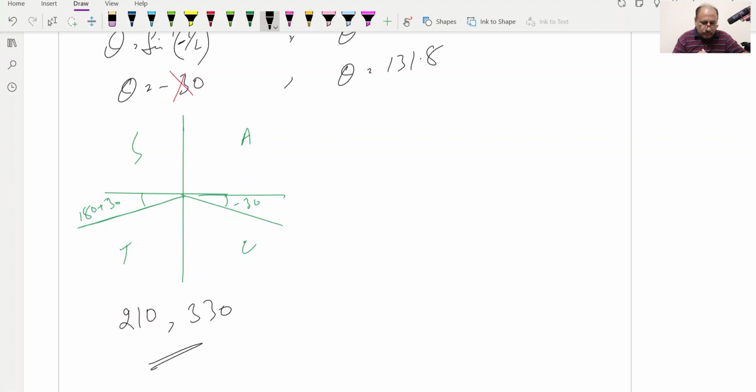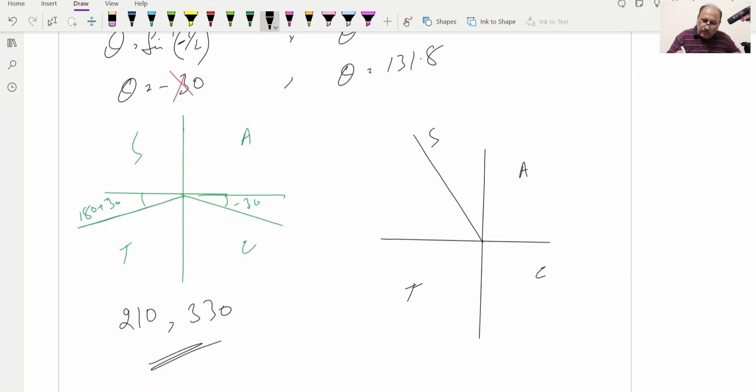So these two values are for the sine, and for the cos values we can also sketch a quadrant, and this is what we can draw for the angle 131.8. So in this one, this will be the quadrant, and 131.8 will be this angle, and the other negative value will be over here.